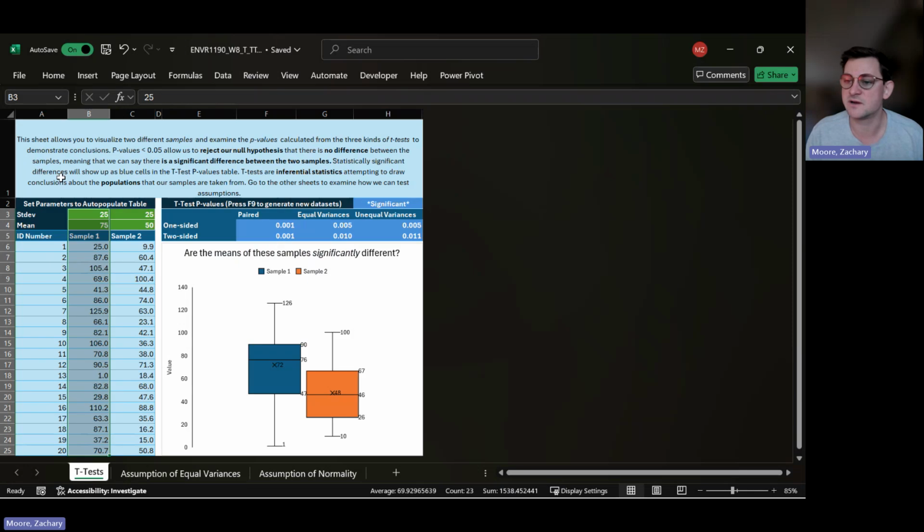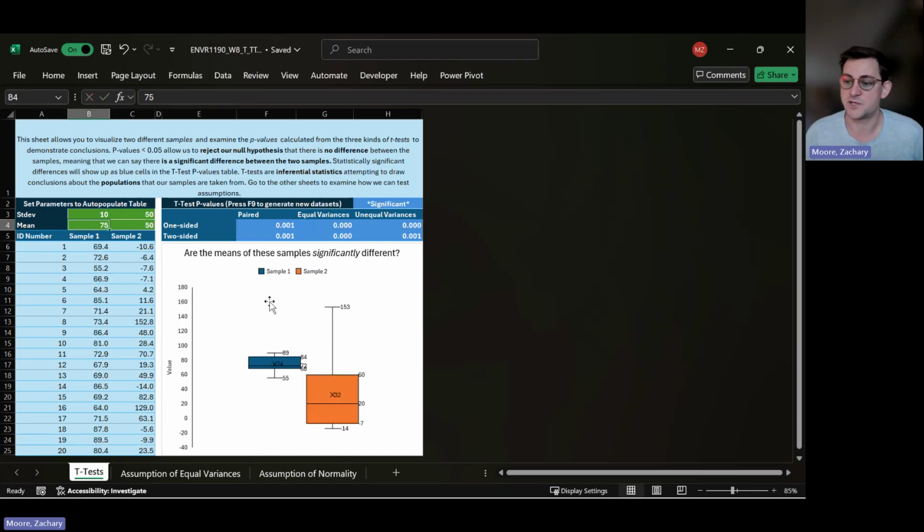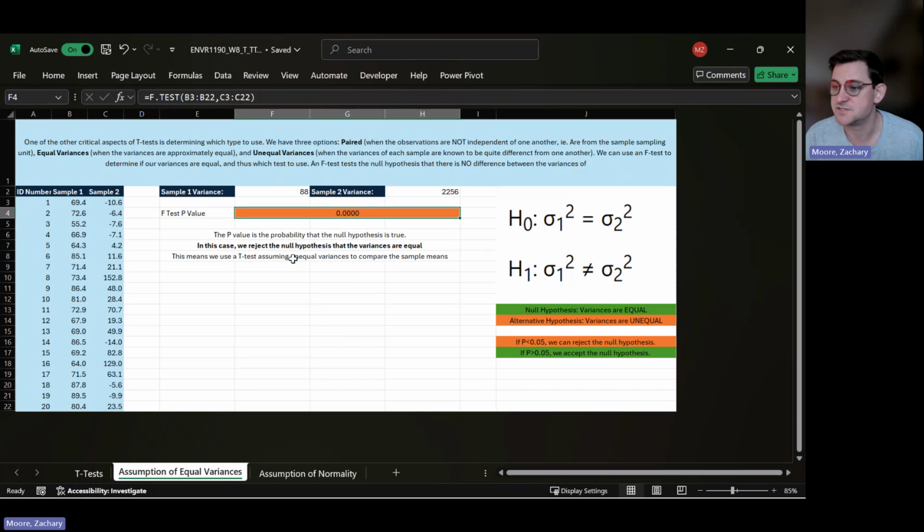If we go back over here and we change these so that the standard deviations are different between the two, let's say 10 here and maybe 50 here. Now you can see that our population 1 and our population 2 have pretty different levels with which they go away from that center. Now what we're doing is you can see that our p-value is really, really, really small. So what it's saying is there's a tiny, tiny, tiny probability that these variances are equal.